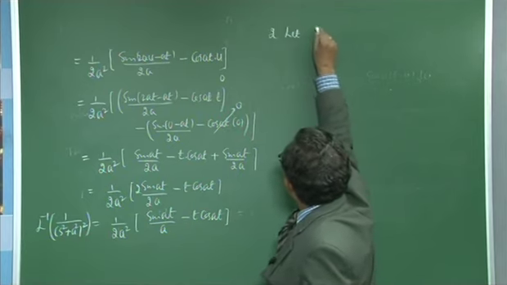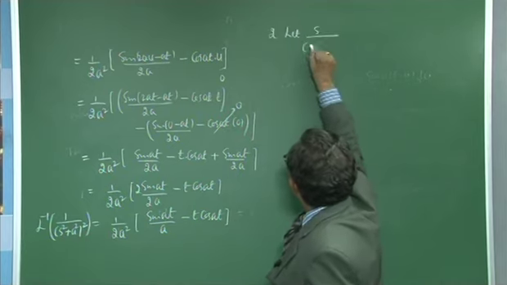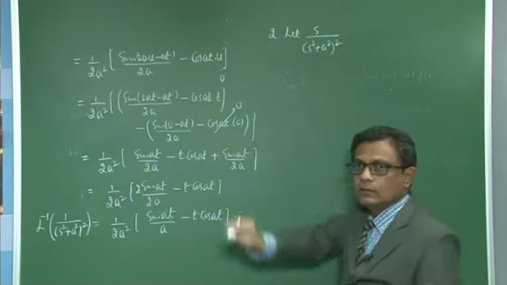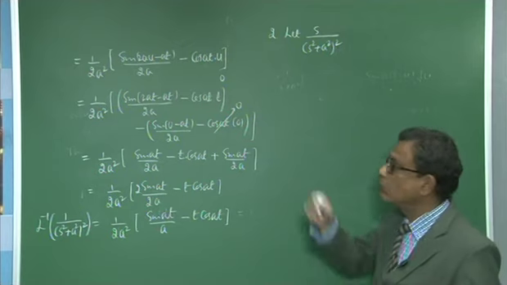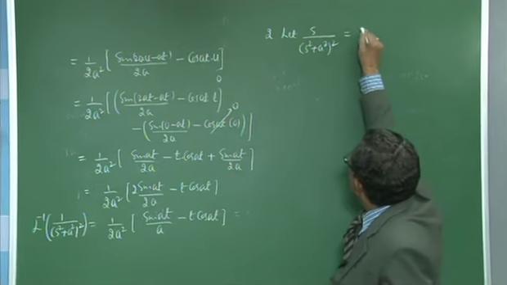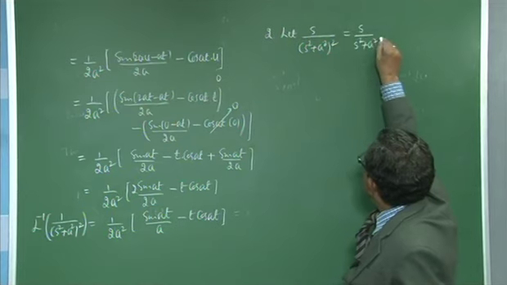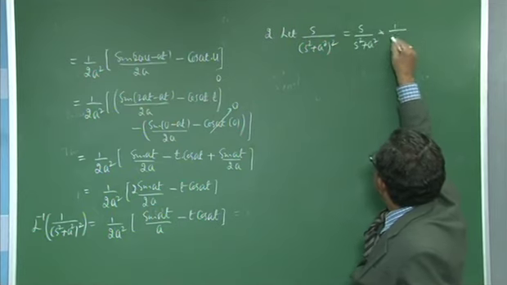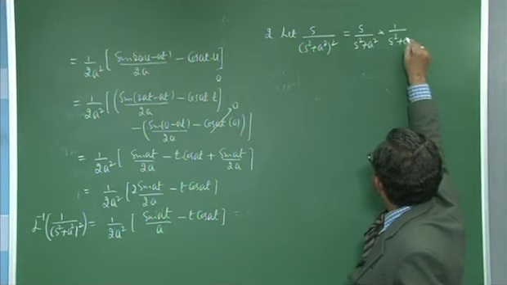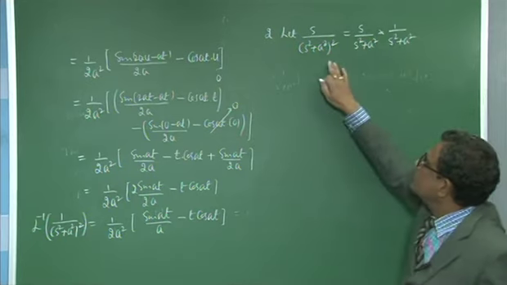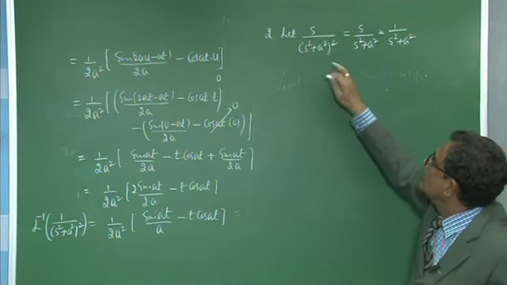Let s divided by s square plus a square whole square. How to express it as a product of two functions? You can write it as s divided by s square plus a square into 1 divided by s square plus a square. This is your given function f of s.